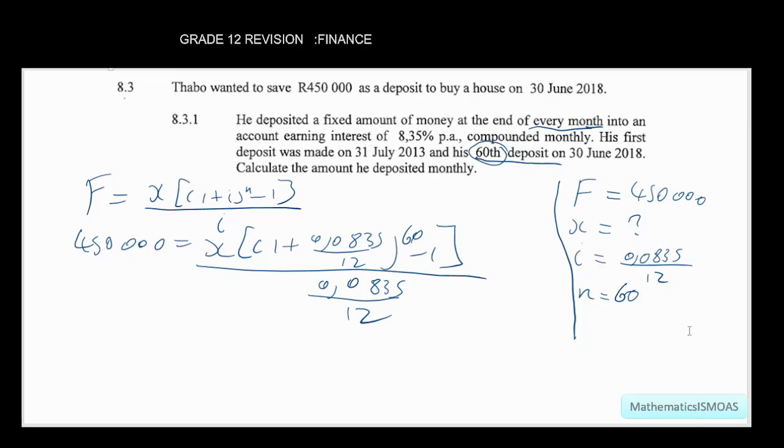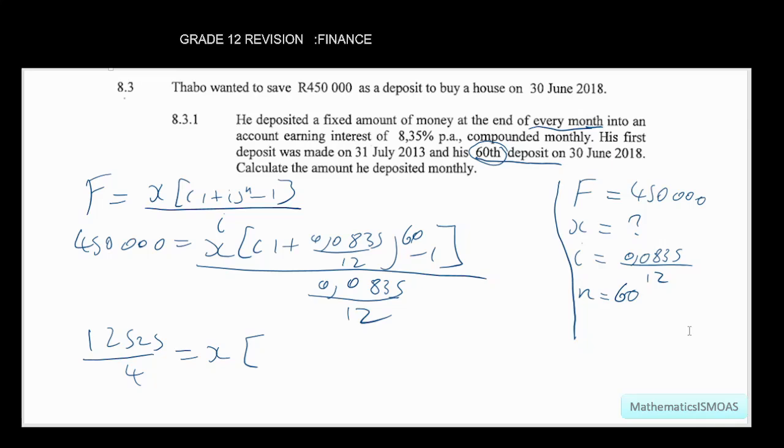So 450,000 times 0.0835 divided by 12 will give us 12525 divided by 4, which is equal to X multiplied by, inside the bracket, 1 plus 0.0835 over 12.